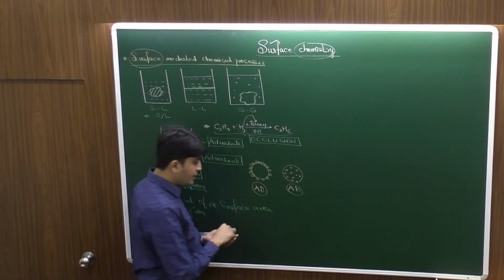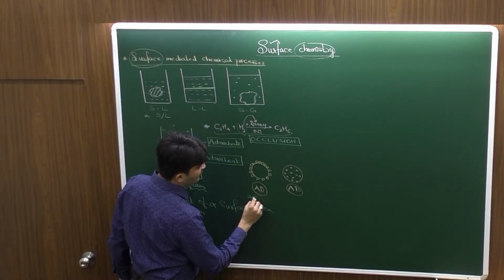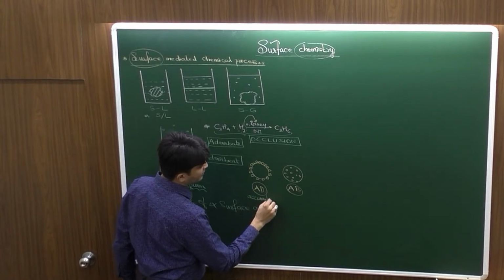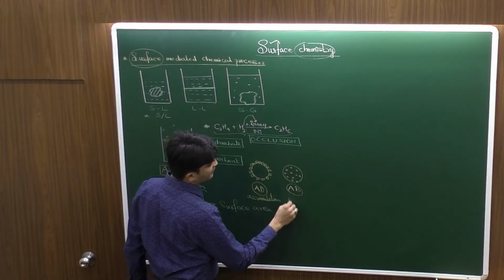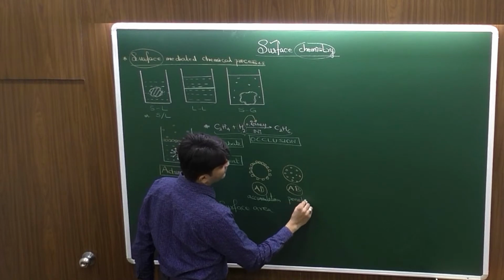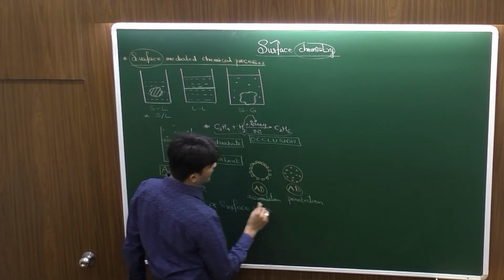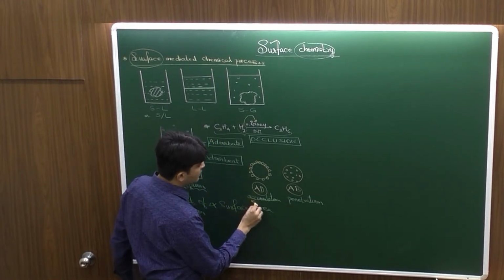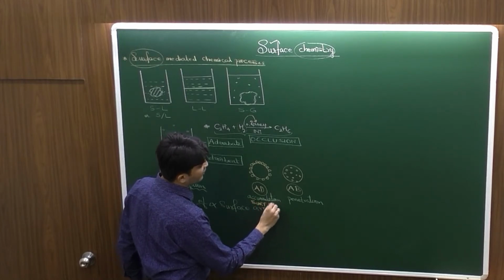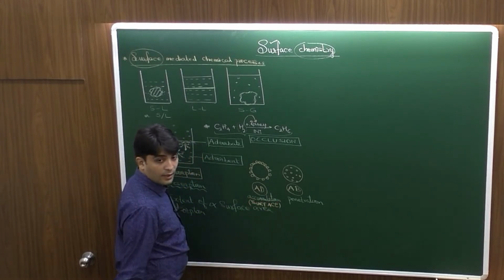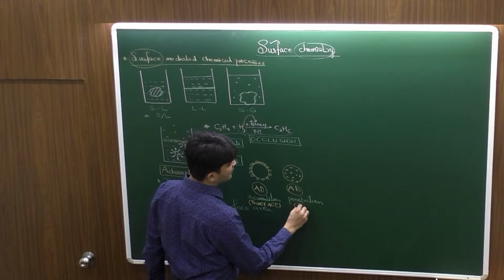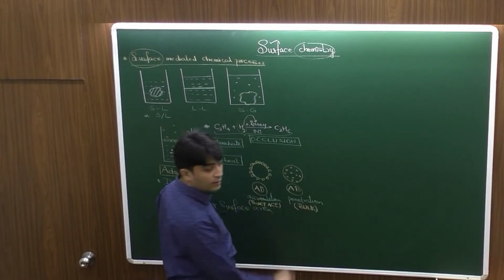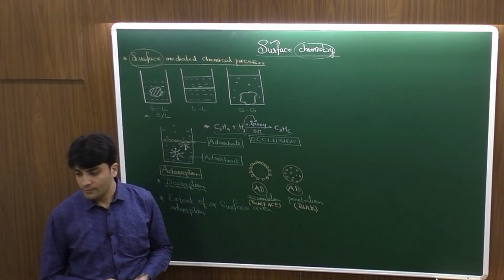So in simple words, if I write in one word, adsorption is accumulation but absorption is penetration. Here the accumulation happens at the surface, so it's a surface phenomenon, and here the penetration occurs in the bulk, so it's a bulk phenomenon.